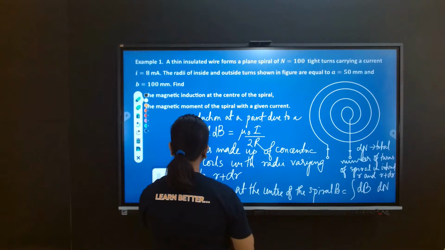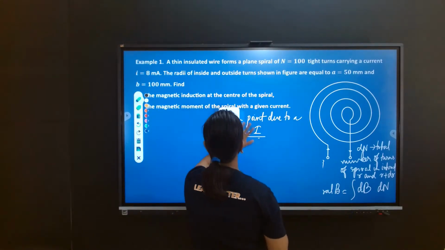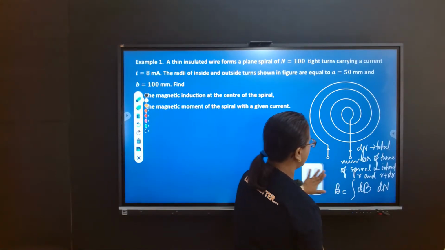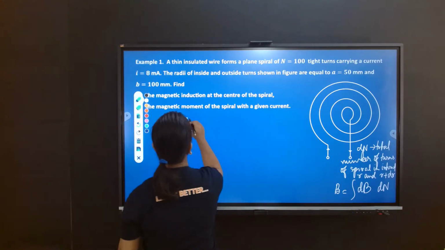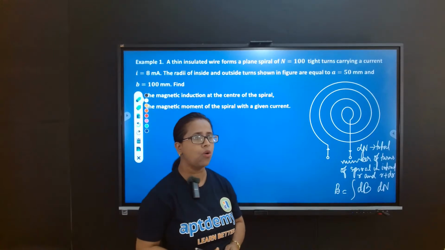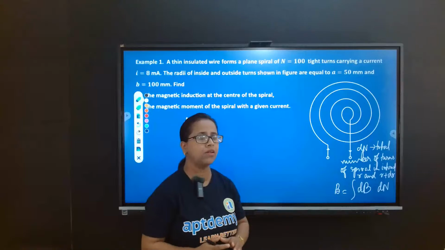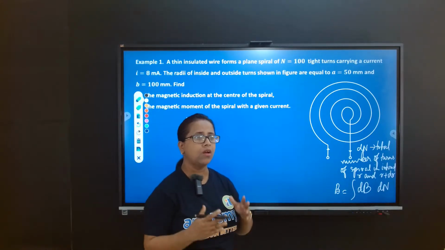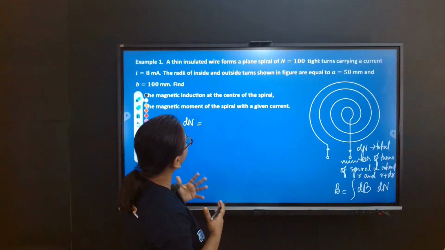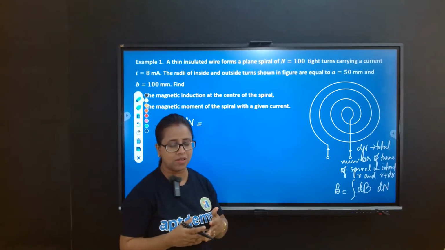Now the other thing that we need to note here is how do we write the value of dn? We have said that dn is the total number of turns. Now, a single turn, if you consider the circular coil of single turn as n, then the internal and external radii actually vary from A to B. So we have to consider the turns in such a way.